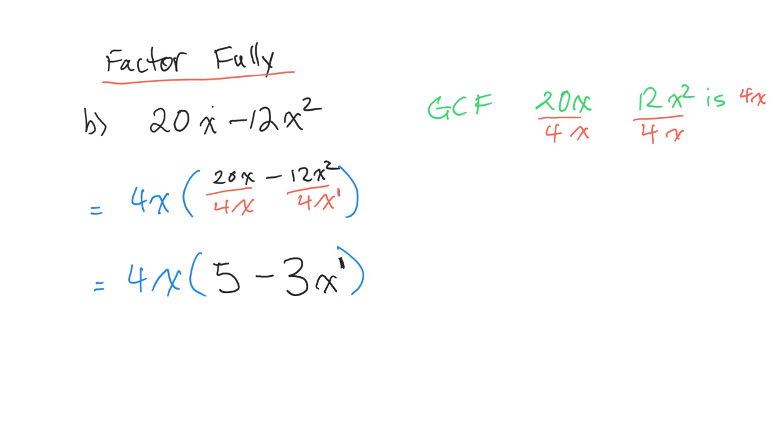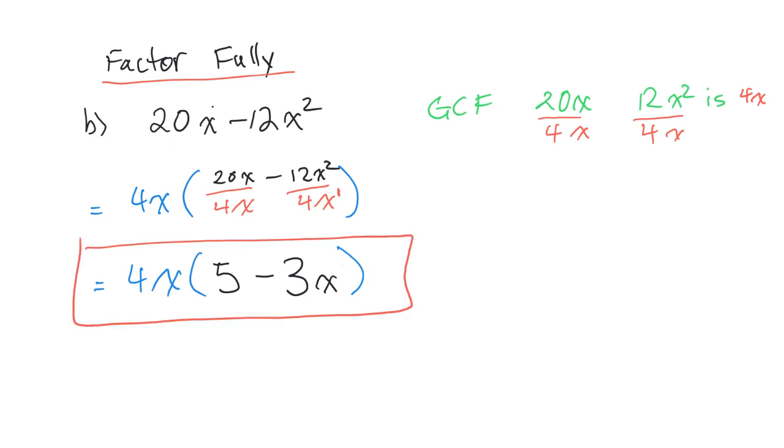But x to the 1 doesn't really mean anything, so we'll just write x. So think of this part as I've got 2 x's and I'm getting rid of one of them. How many is left over? There's only one x left. So that's how we have 3x. And we're done. Now that is your fully factored form.